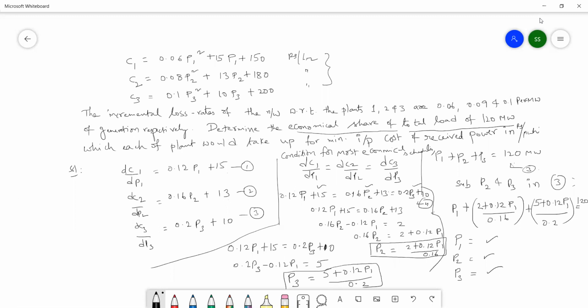Calculation is very important. Even though your entire procedure is correct, if your answer is wrong, you may lose 2 marks. So don't make any mistakes in calculation.